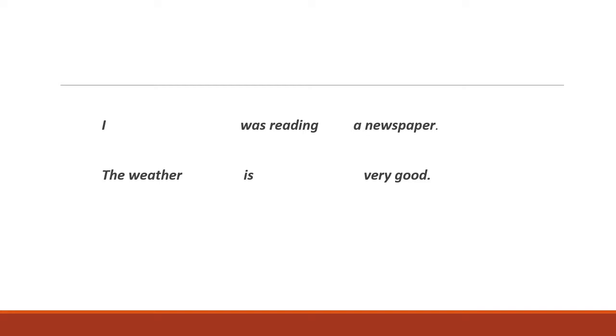But before we go into observing the noun phrase in detail, let's examine these two sentences: 'I was reading a newspaper,' and 'The weather is good.' We observe that the first sentence has an object, whereas the second sentence has a complement. Now, when does a sentence have an object, and when does it have a complement?